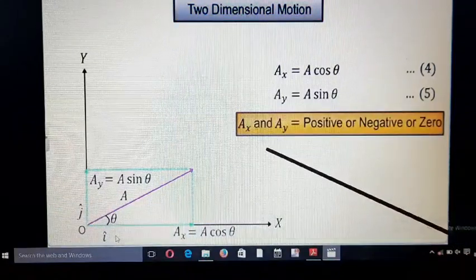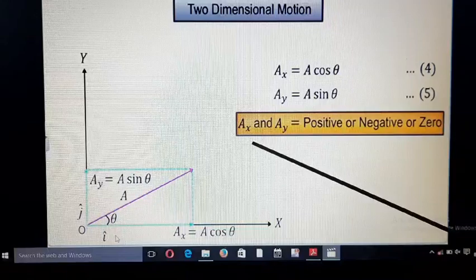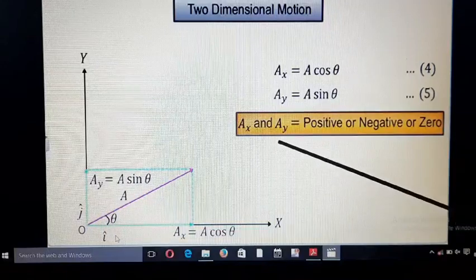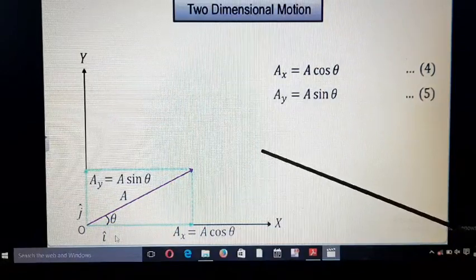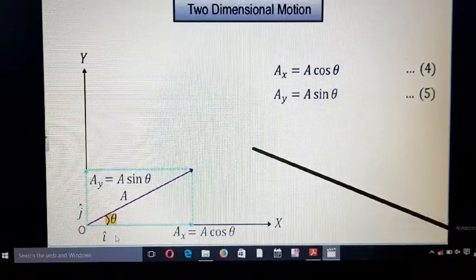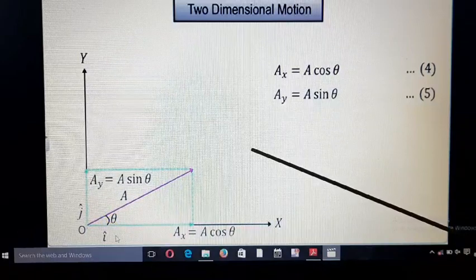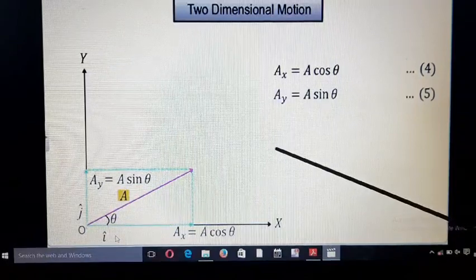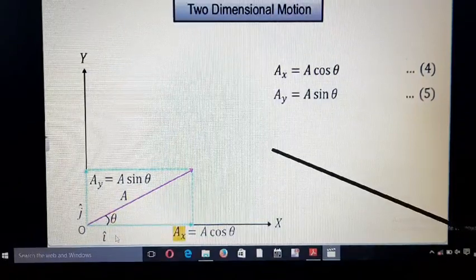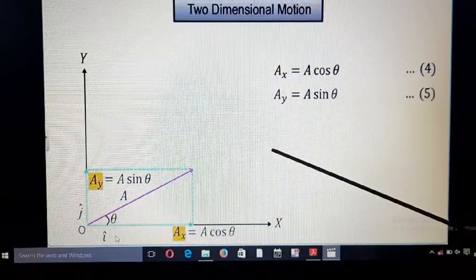So Ax and Ay positive, negative or 0 may be possible. So suppose now we want to find out the magnitude of vector A. So now we take square, meaning A is equal to under root Ax square plus Ay square.